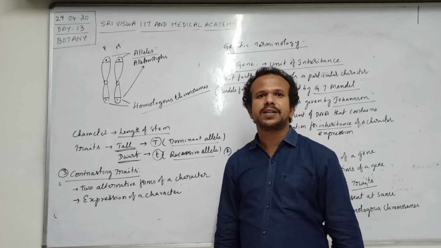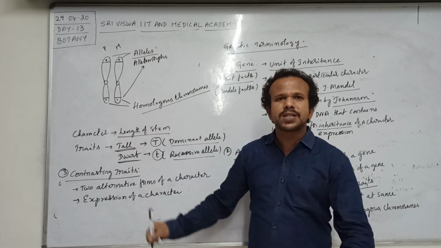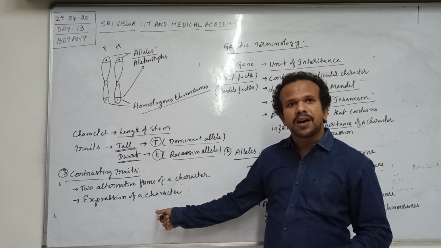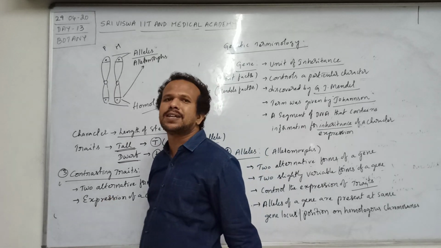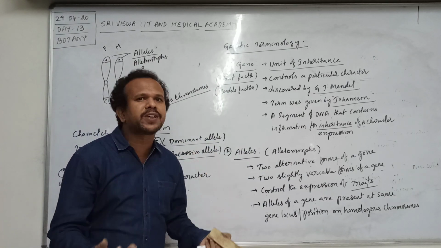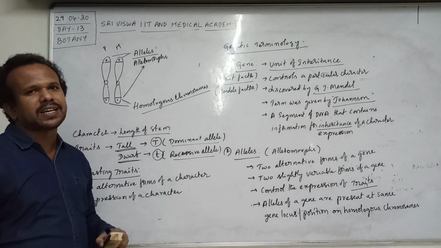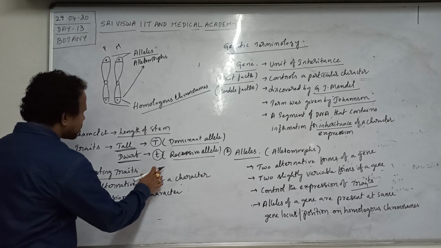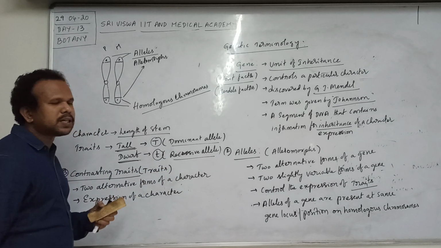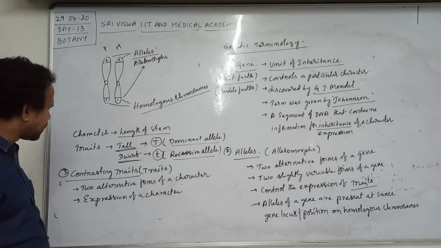For example, length of the stem is the character that is expressed in the form of tall or dwarf. That is the expression or expressible form of a character. Expression of the character or expressible form of the character is generally said to be a contrasting trait or simply trait. So contrasting traits are nothing but two alternative forms of a character.